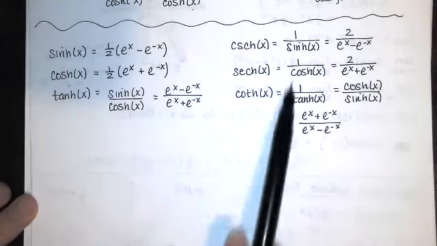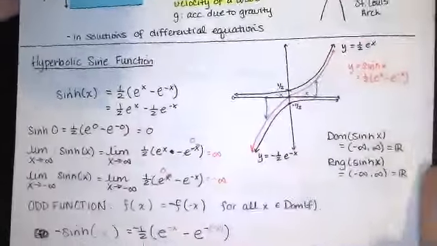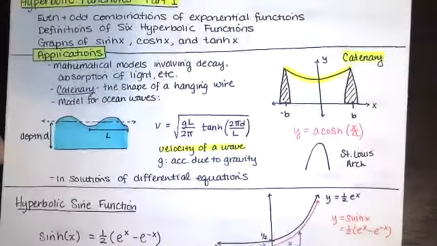They're all defined in pretty much the same way that our trig functions are defined. Hyperbolic sine is odd. The sine function is odd. Hyperbolic cosine is even. The cosine function is even. I think that's where our similarities tend to end.